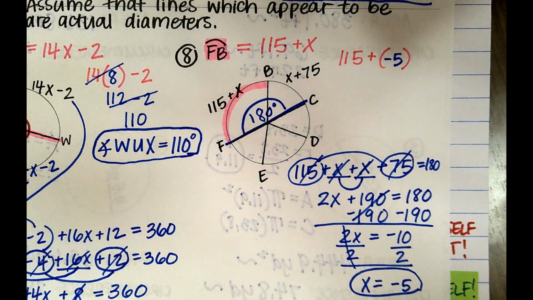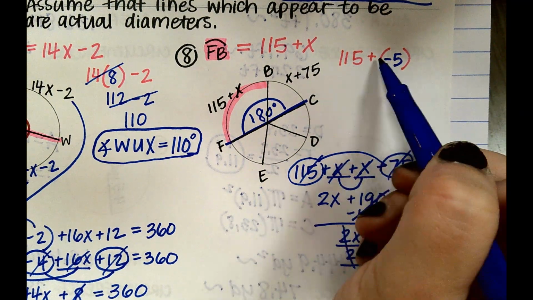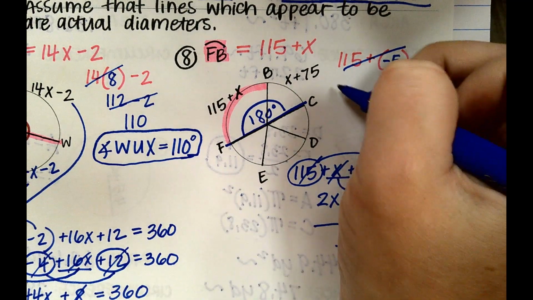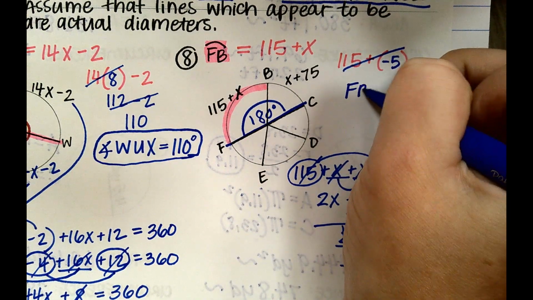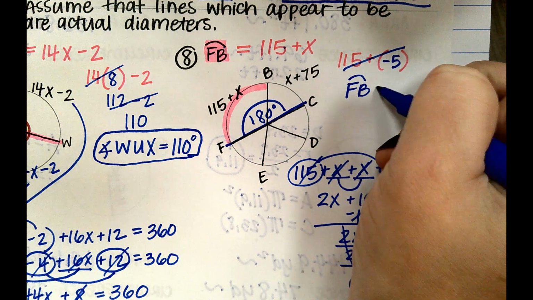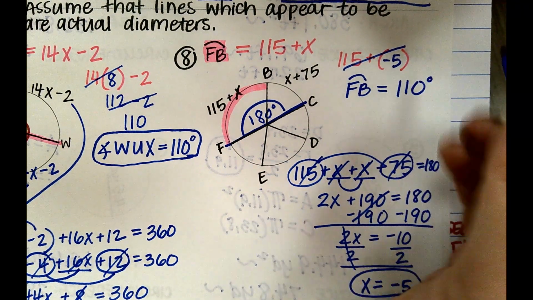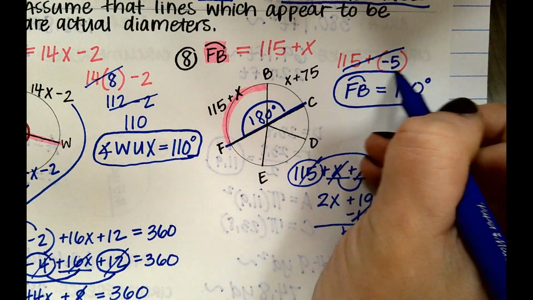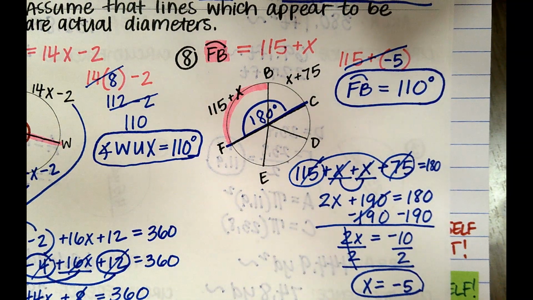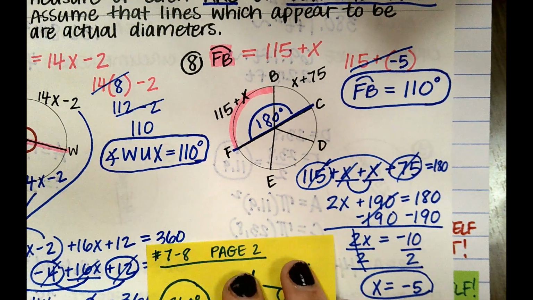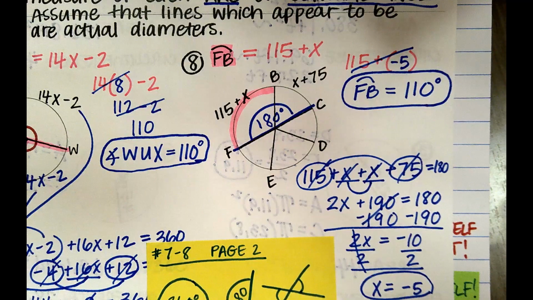And of course, whenever we put those together, 115 minus 5 gives us arc FB equals 110 degrees. And that is number 8.